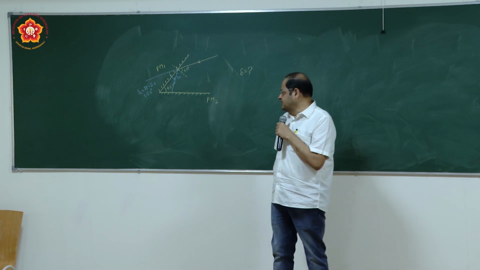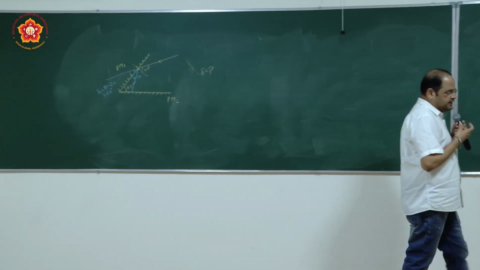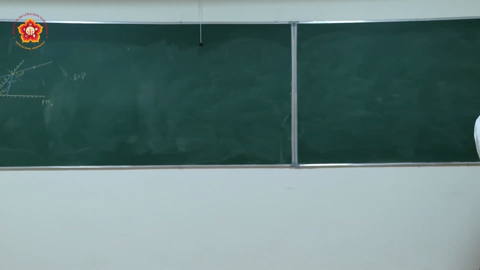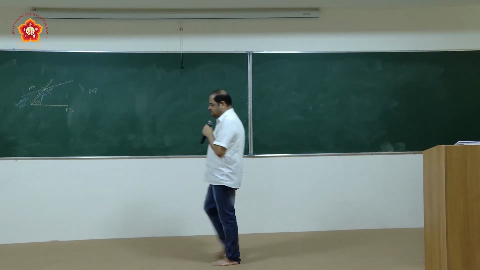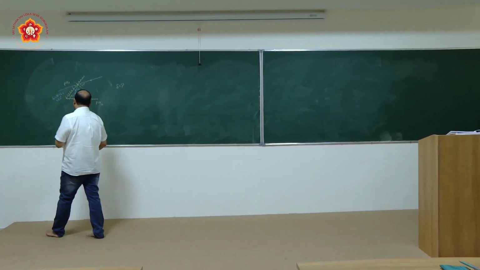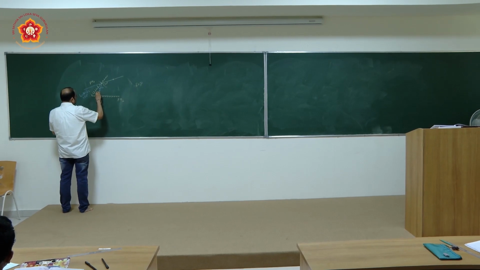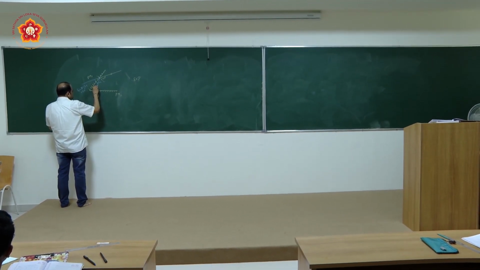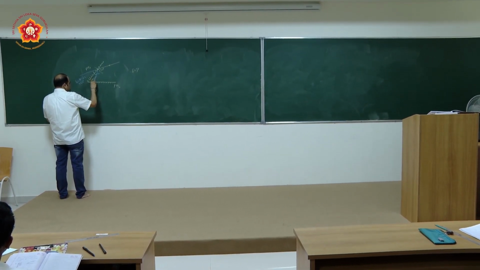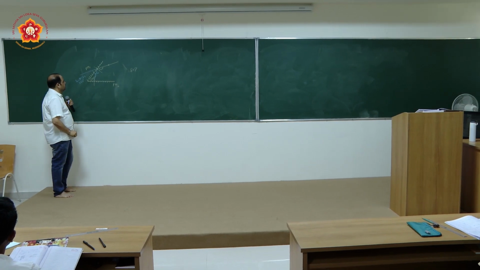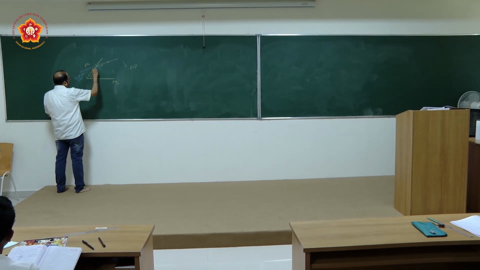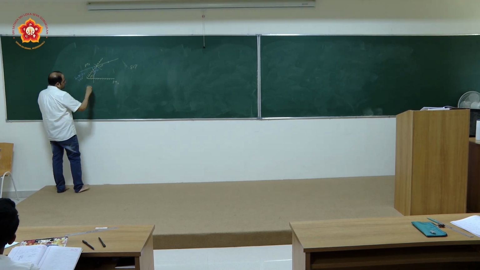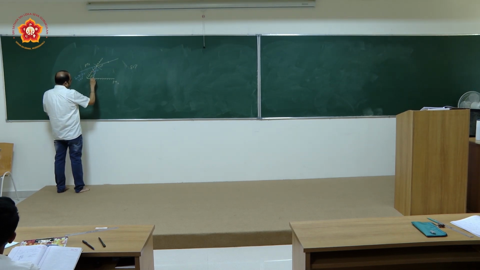Now what would happen here is the important part, because the ray will be reflected. Now in this case, you will have a normal drawn here. Okay, so this angle is 30 degree. So now this angle is actually 90 degree.